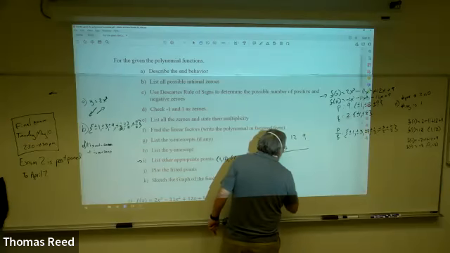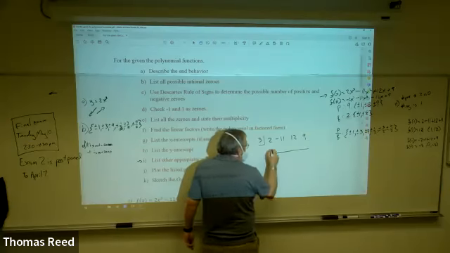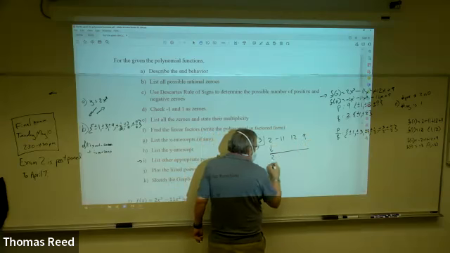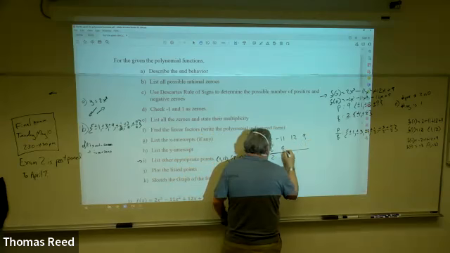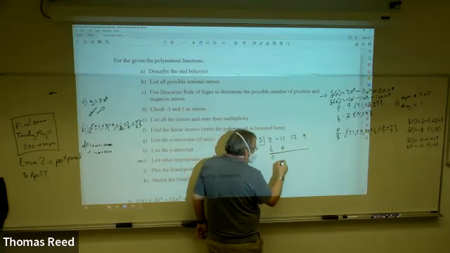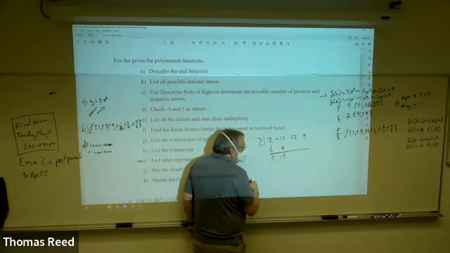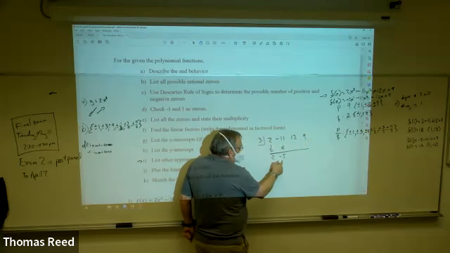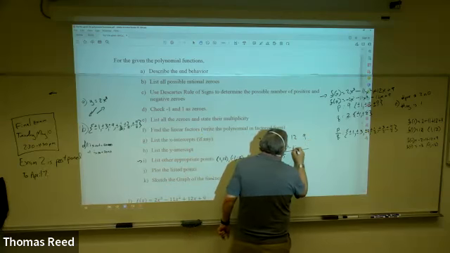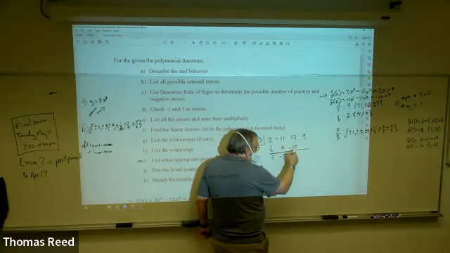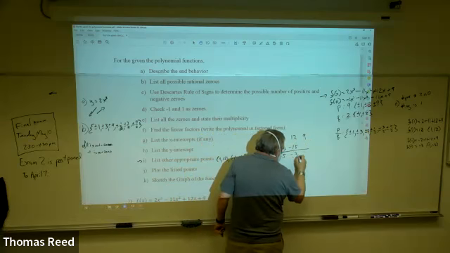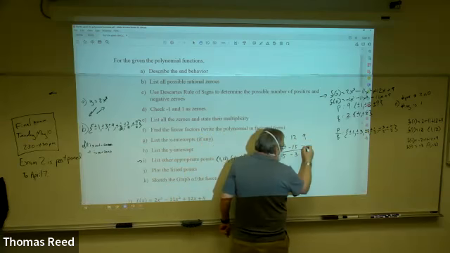I skip a space, and I draw the line. I pull down the 2. 3 times 2 is 6. 6 and negative 11 is a negative 5. 3 times negative 5 is a negative 15. 12 minus 15 is a negative 3. 3 times a negative 3 is negative 9.